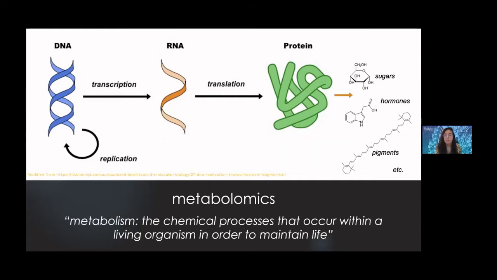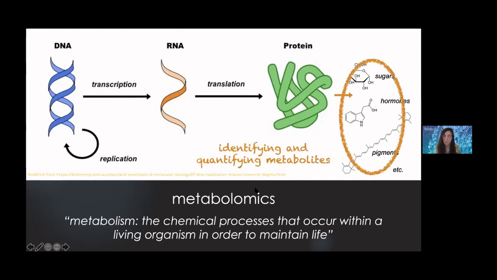Then metabolomics comes later, after proteins are formed from the RNA. Proteins can be enzymes and work to make all kinds of different molecules, including sugars, hormones, pigments that we talked about. And so any molecule that's part of the plant's life could be considered a metabolite.